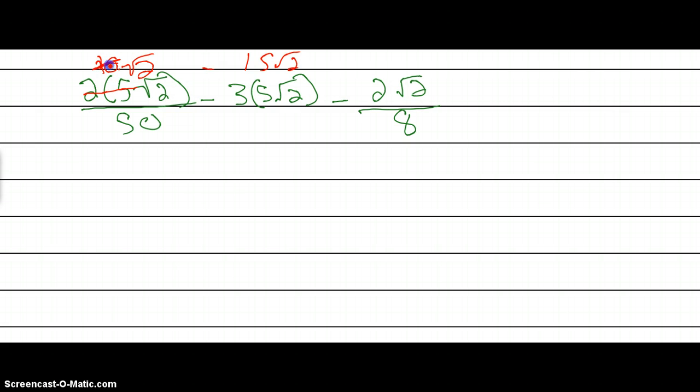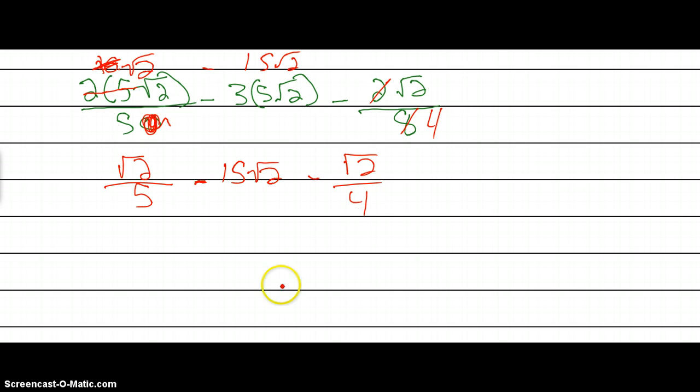How many times does 10 go into 50? Well, it goes into it 5 times. So we're left with the square root of 2 over 5. Then we have minus 15 square root of 2. And how many times does 2 go into 8? Well, it goes into it 4 times, so square root of 2 divided by 4.